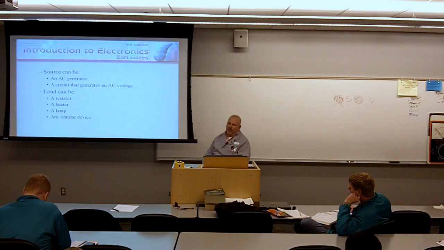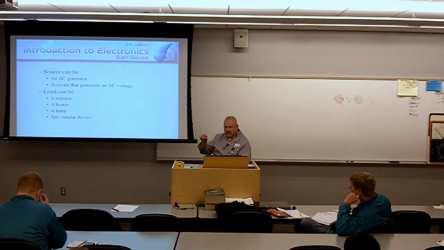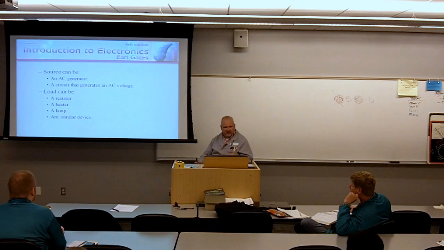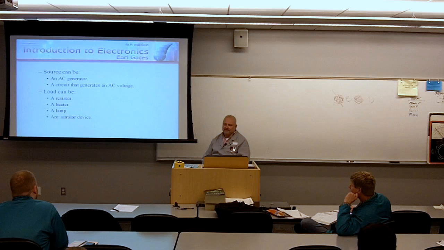Now an AC source could either be an AC generator, we talked about that last week, where we have a rotating shaft cutting a magnetic field that we're generating AC, or it could also be a circuit that generates AC. Remember how we said AC, we have these different generators, function generator. There's circuits that could actually generate these waveforms for us.